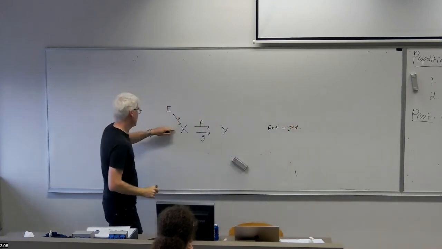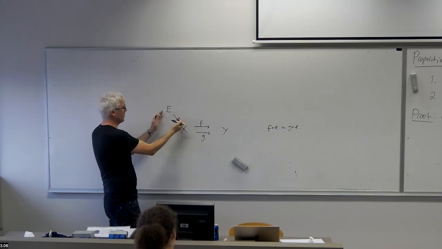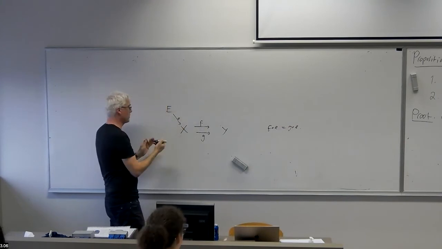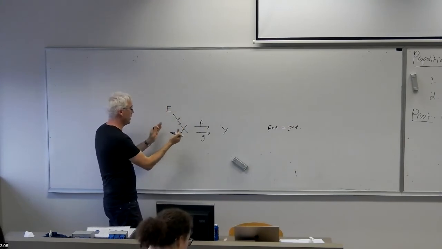Such a thing, a limit cone, so a cone that is universal in the way I've described before with respect to other cones, is called an equalizer.